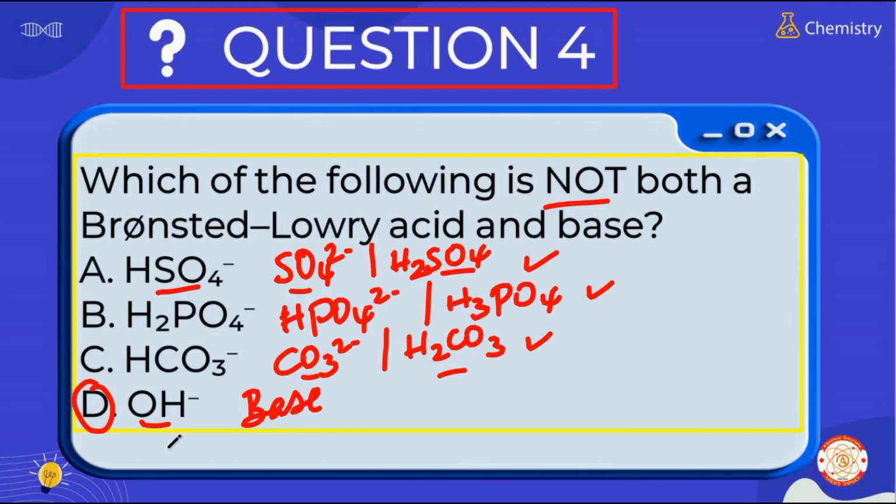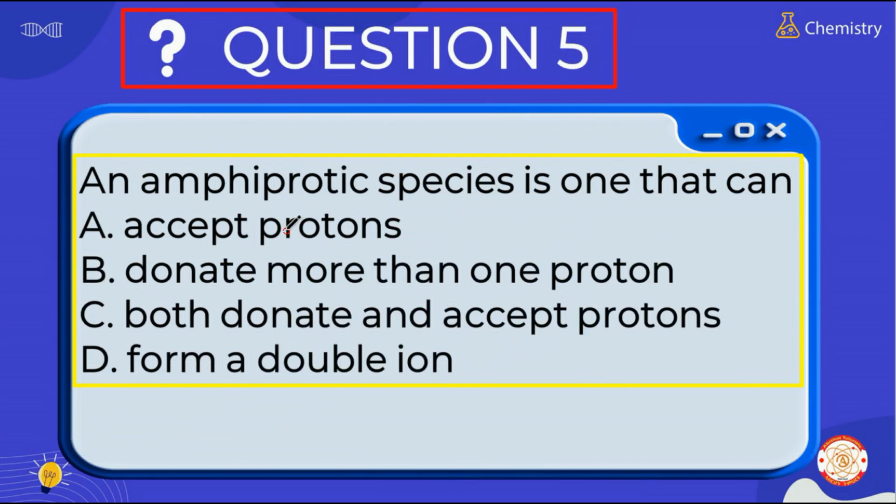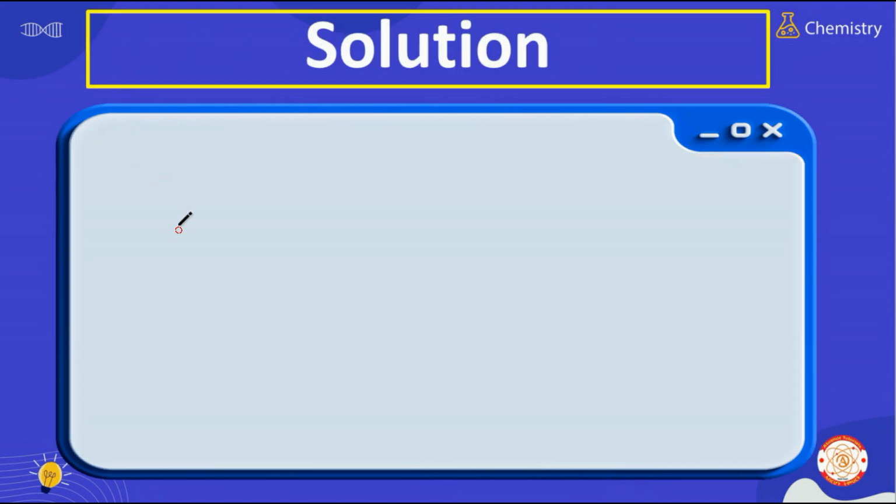An amphiprotic species is one that can A. accept protons B. donate more than one proton C. both donate and accept protons D. form a double ion. So remember we have already defined amphiprotic, and we defined it as what?